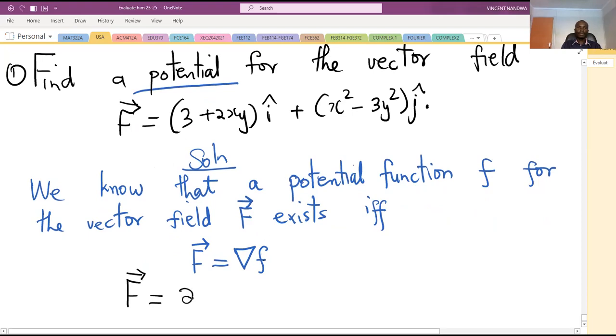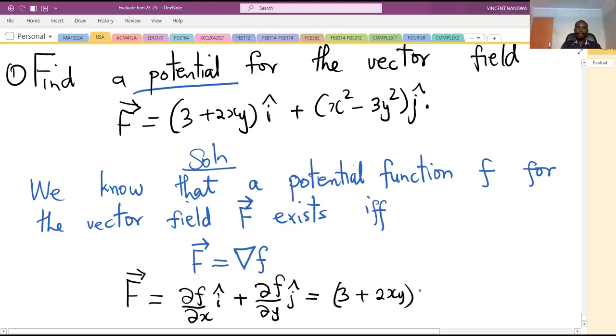So it's the same as partial f partial x i plus partial f partial y j, which should give us 3 plus 2xy i and then plus x squared minus 3y squared j. So we're just putting the values into this definition.